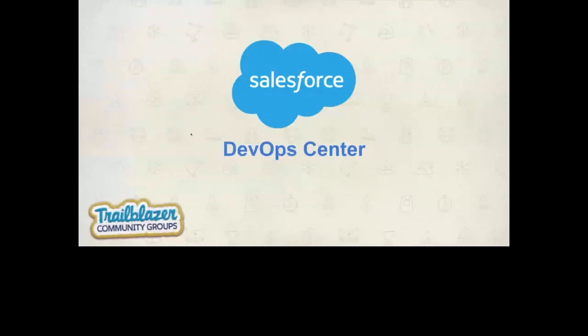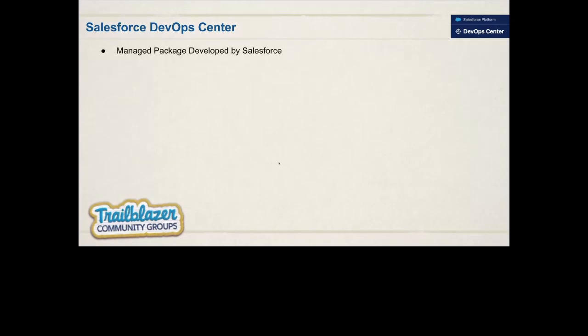It's actually a tool built upon Salesforce DX, Salesforce CLI, metadata API, and source control. And best of all, we do not need to know anything about Salesforce CLI, DX, metadata API or source control to use this Salesforce DevOps Center. This is actually implemented by Salesforce and it's a managed package.